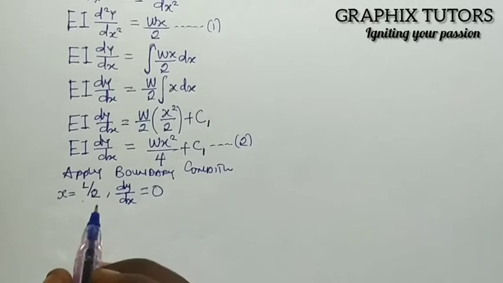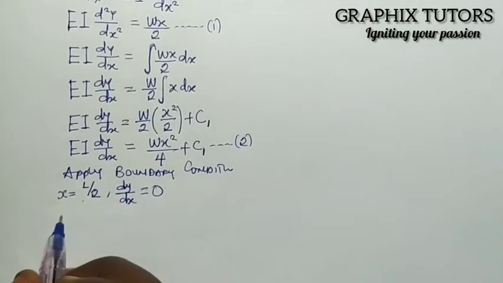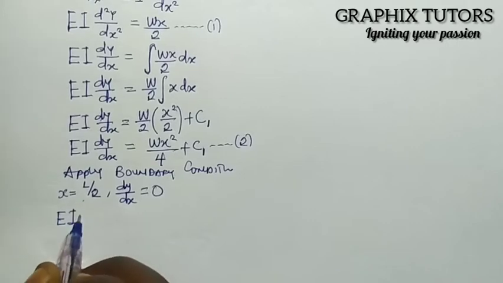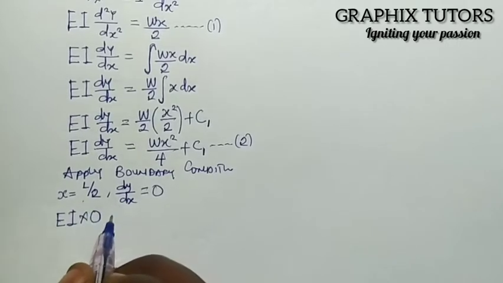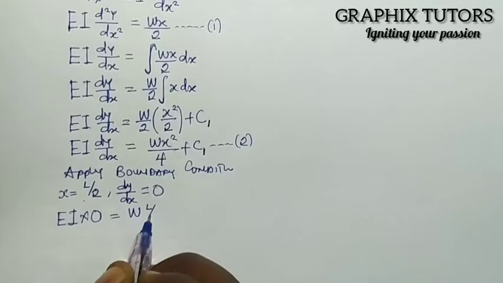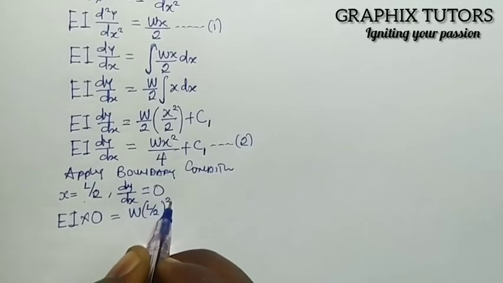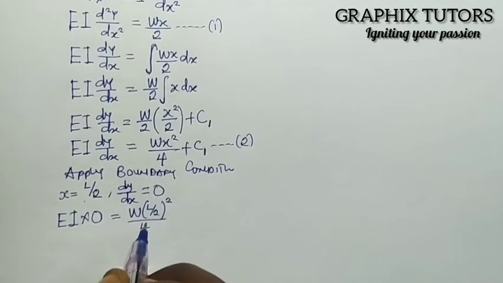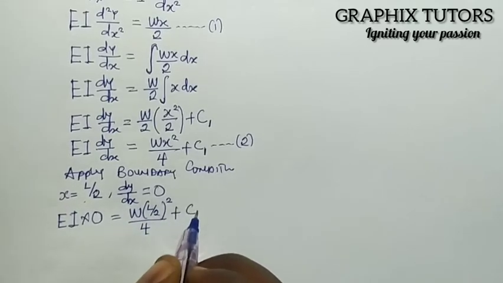So from here, we'll apply it here. We'll be having EI times 0 equals W times L over 2 whole squared, all over 4, plus C1.